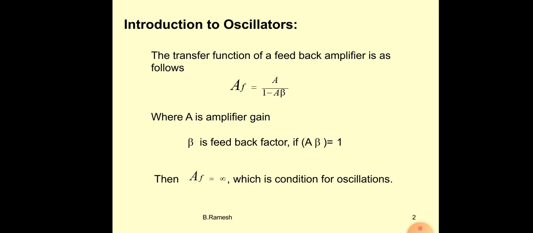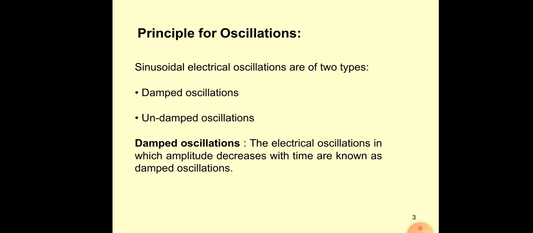Beta value is always less than 1. If A beta, the open loop voltage gain times beta, equals 1, the gain of the positive feedback becomes infinity, which is the condition for oscillations.